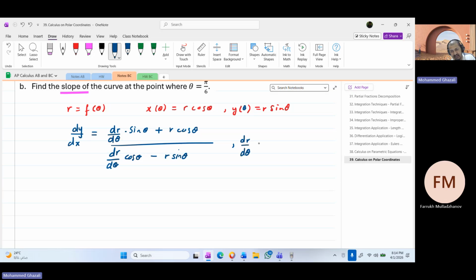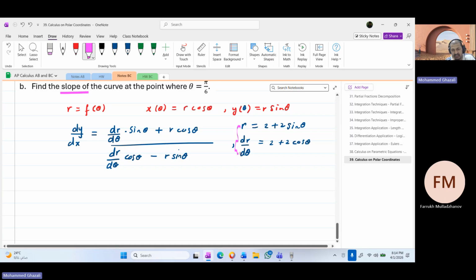What was r? r was 2 plus 2 sine theta. What is dr/d theta then? We're just finding the derivative of this.